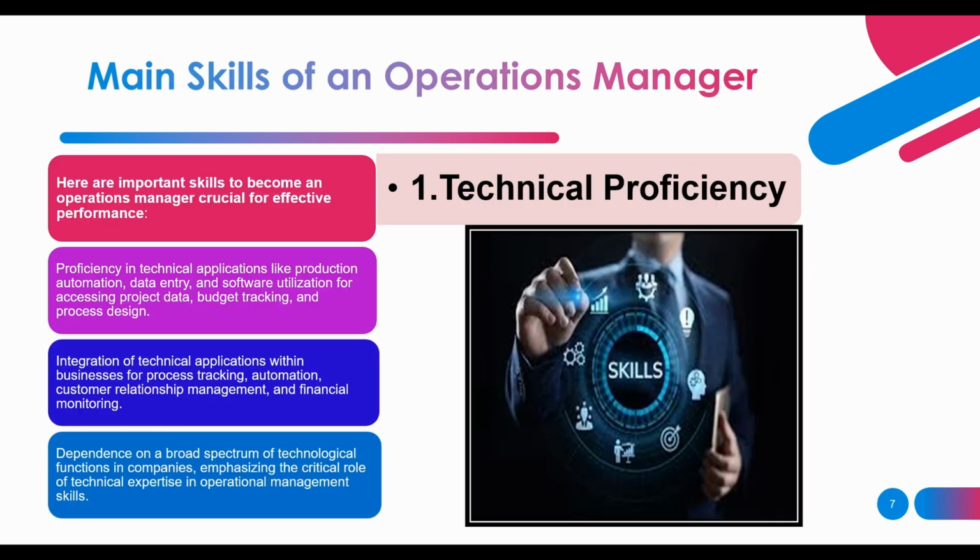So an operation manager needs important skills, or the main skills of an operation manager. Here are some important skills to become an operation manager. Number one is technical proficiency. Proficiency in technical applications like production, automation, data entry, and software utilization for accessing project data, budget tracking, and process design.